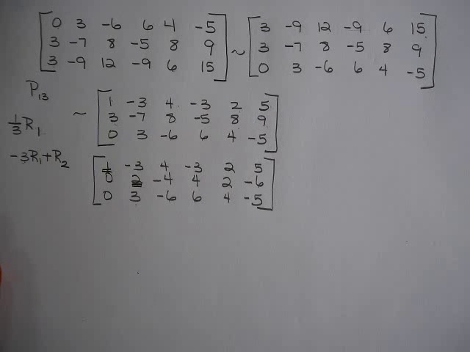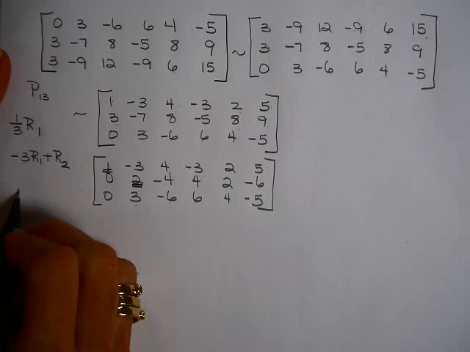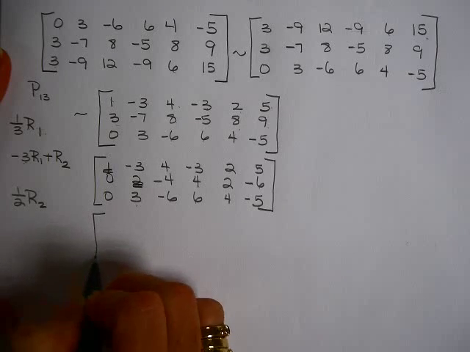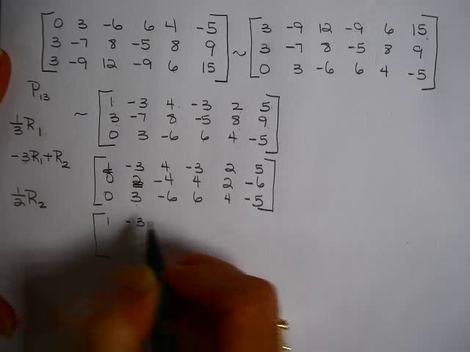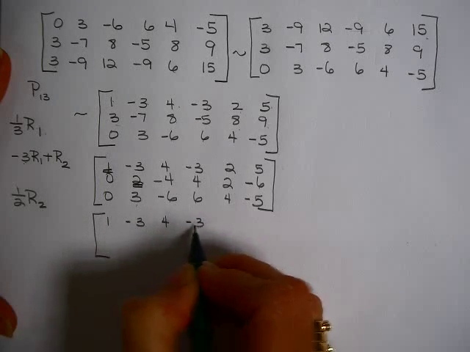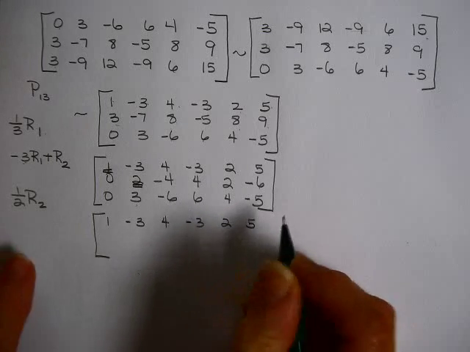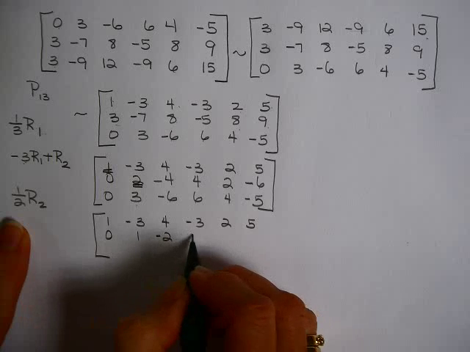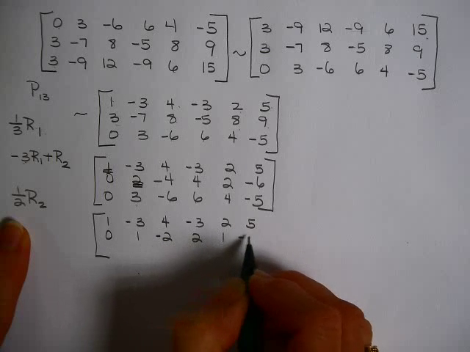So I would go ahead and multiply by 1/2, 1/2 times row 2. So you have 1, -3, and this row does not change. 1/2 times row 2 is 0, 1, -2, positive 2, 1, and -3.